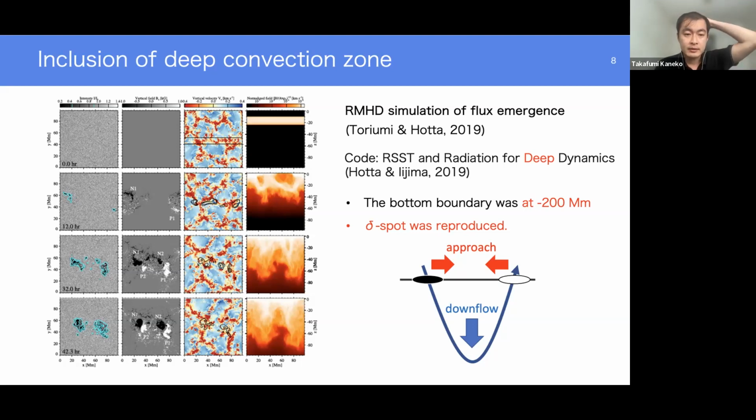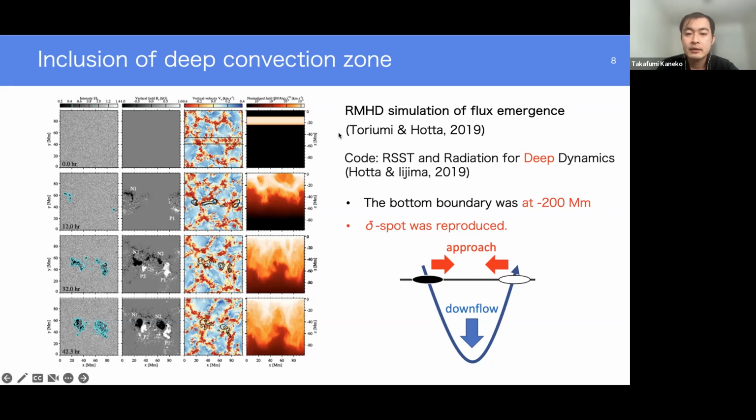But now the performance of supercomputers is good, so we can extend the bottom boundary to deeper layers. Recently, Hotta-san at Chiba University developed a numerical code to solve the deep layer of the convection zone, including the photosphere and chromosphere.